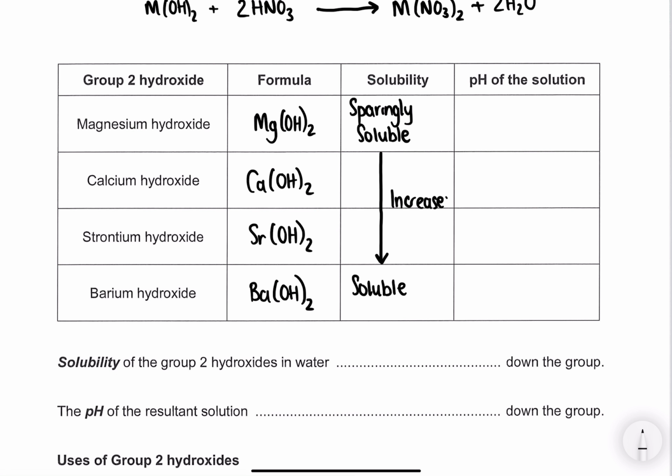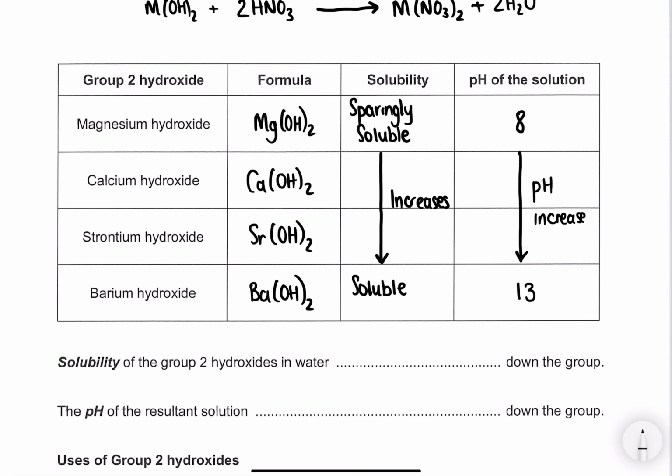And as more and more of our hydroxide dissolves, more OH- ions are present in solution. So we go from being barely alkaline to being very alkaline. So our pH increases as our solubility increases.